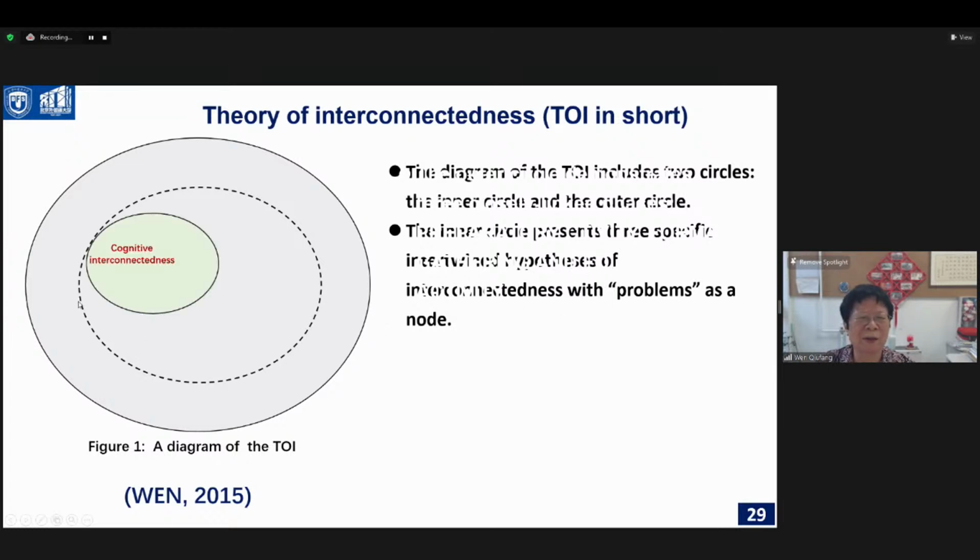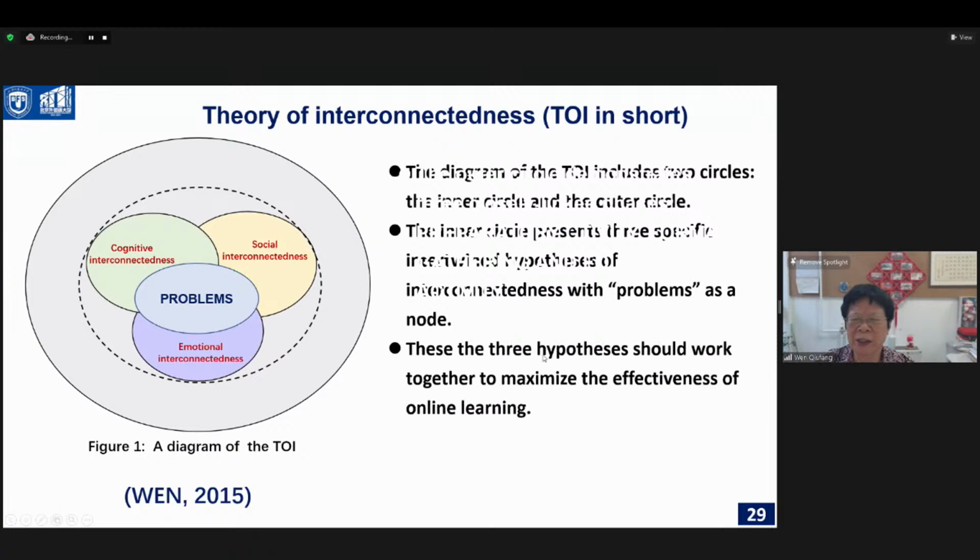Look at that: cognitive interconnectedness, social interconnectedness, and emotional interconnectedness, with the problems as a node which could link all these three together. And these three hypotheses should work together to maximize the effectiveness of online learning.